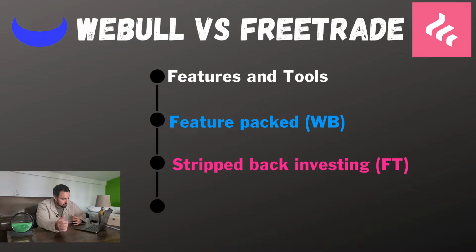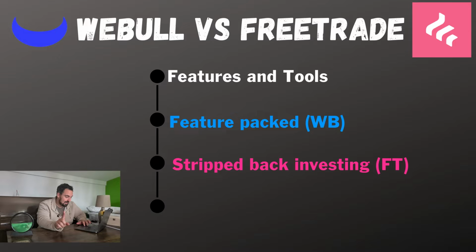No fancy charting tools, no options or leverage, but it does offer fractional shares, which WeBull only introduced into the UK recently, but it is here. You also get a decent selection of ETFs and stocks, especially for UK investors. So if you're looking for a straightforward long-term investing tool, Freetrade is probably going to be your winner here. But if you're into data or want to try day trading, WeBull's probably going to be your winner.